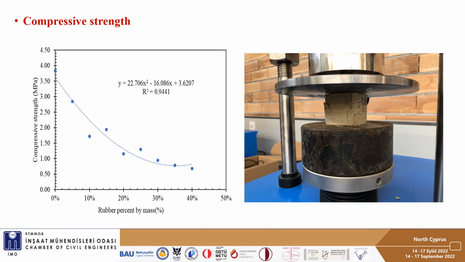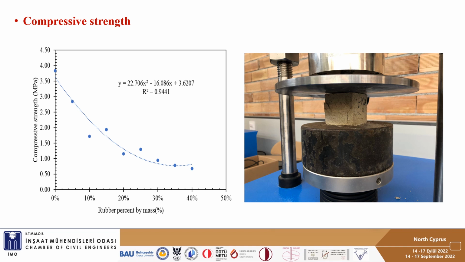Also, the compressive strength is reducing when the rubber percentage is increasing in the mixture, which might be attributed to several factors such as adding the rubber reduces the workability of specimens, causing the following manual compaction to be ineffective.